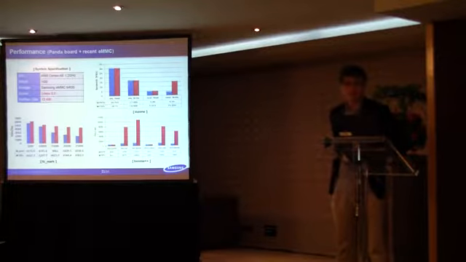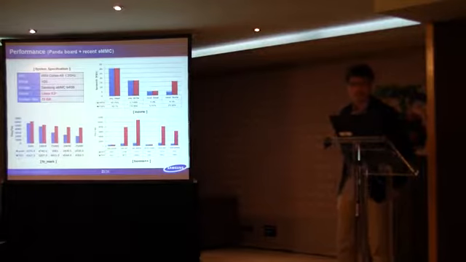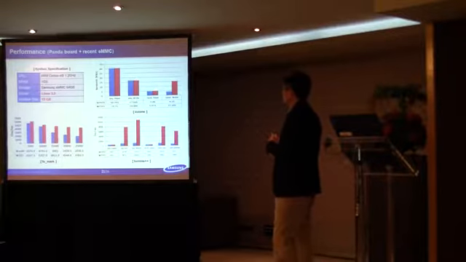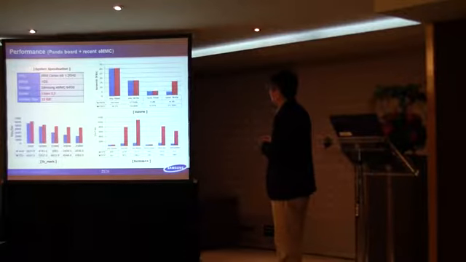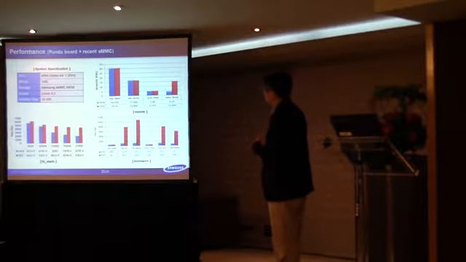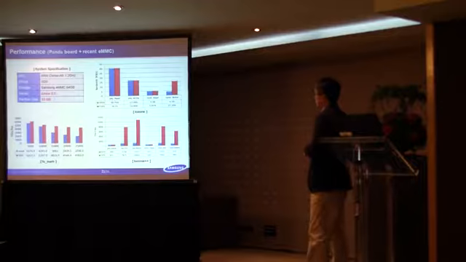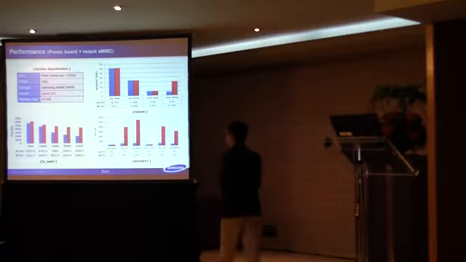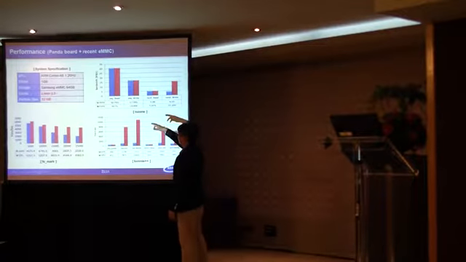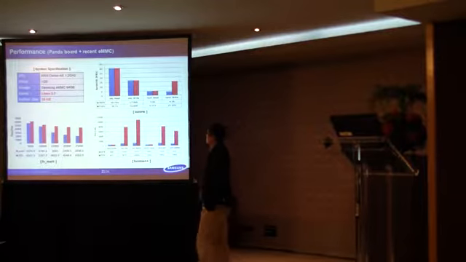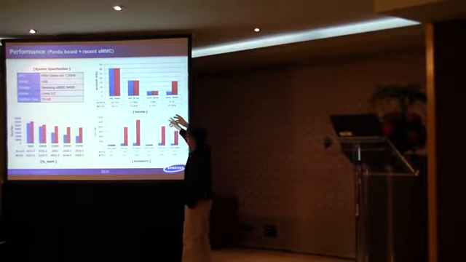I'm going to talk about the performance. We have measured a recent eMMC from Samsung, measured on the Panda board with the ARM Cortex-A9. Here you can see that IOzone sequential read, write, and random read performance are very equal to the ext4 case.